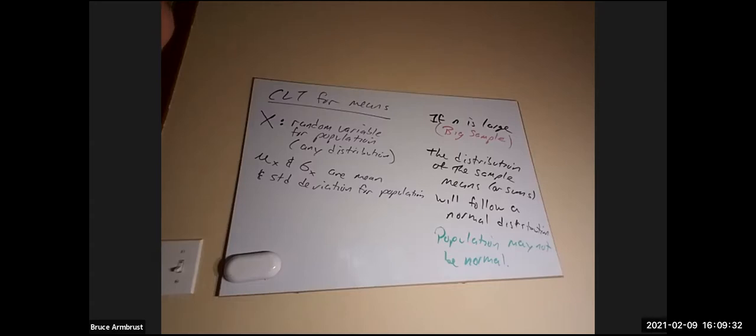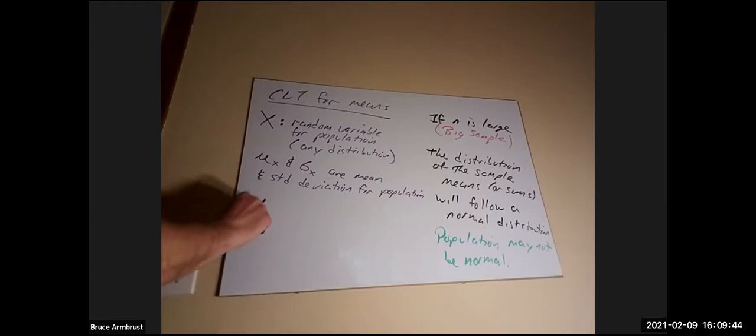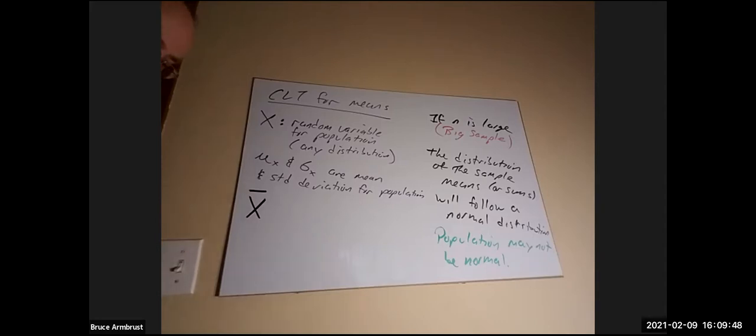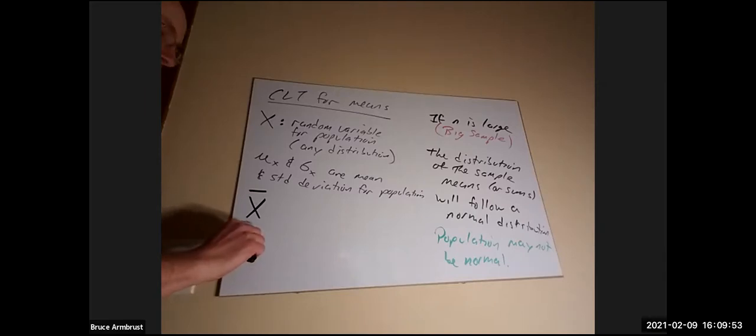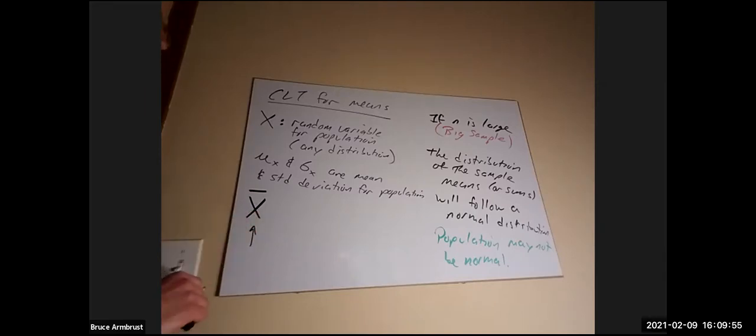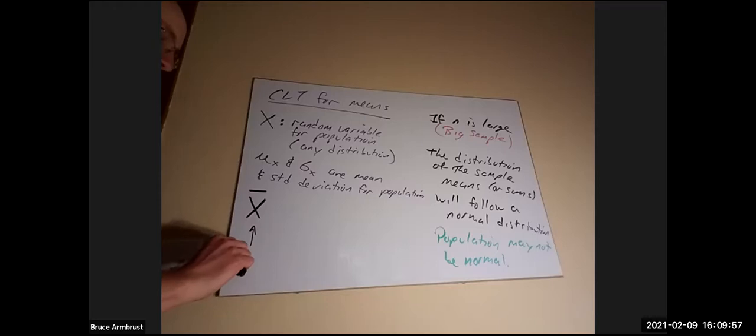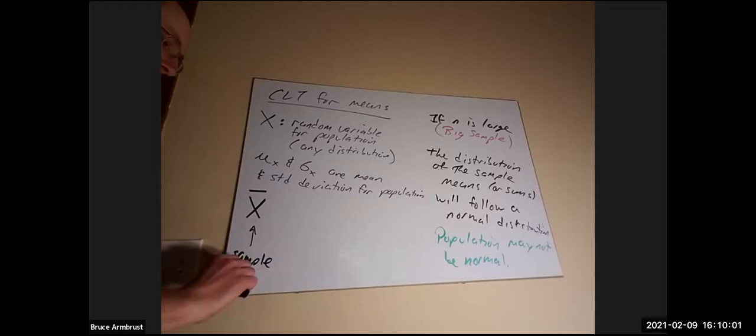You're used to those symbols, but I just want to make sure that we've got this clear. Now for the sample means, we're going to create a new random variable, and that new random variable is going to be X bar. This is the sample means.